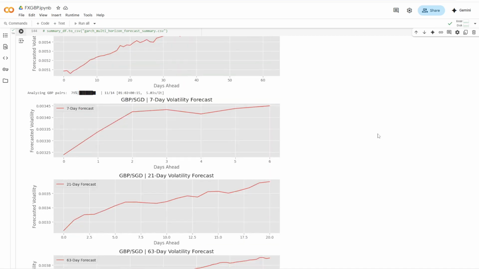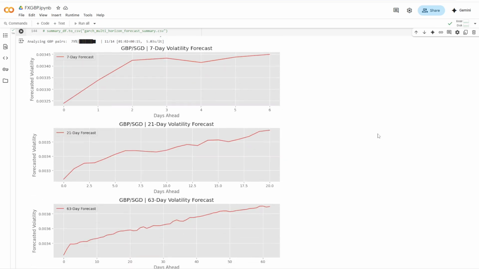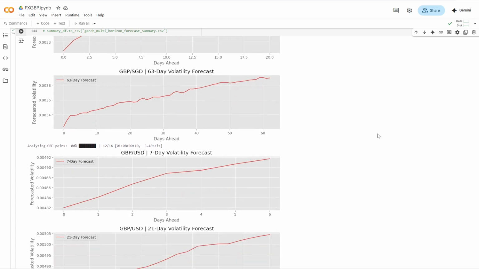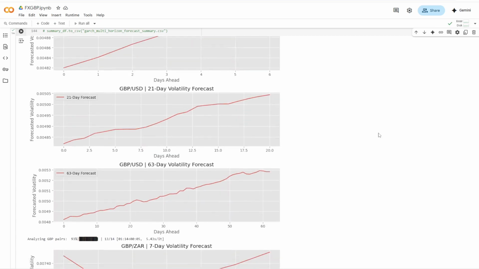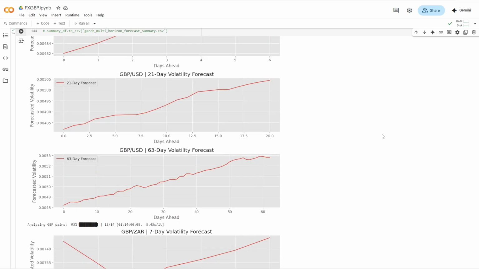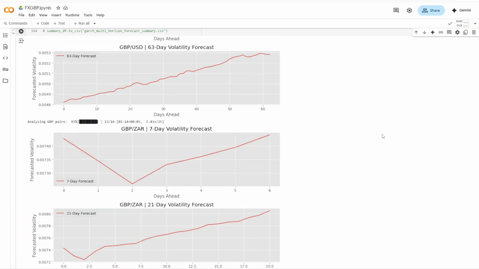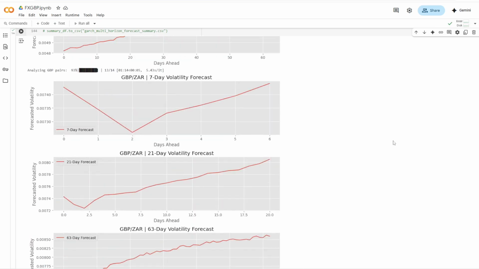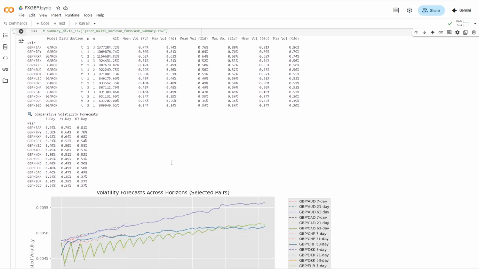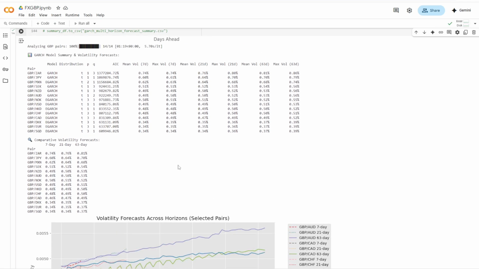So more or less all the FX pairs will have trending higher vol, extrapolated from the GARCH models. We have a table here. That's very interesting.